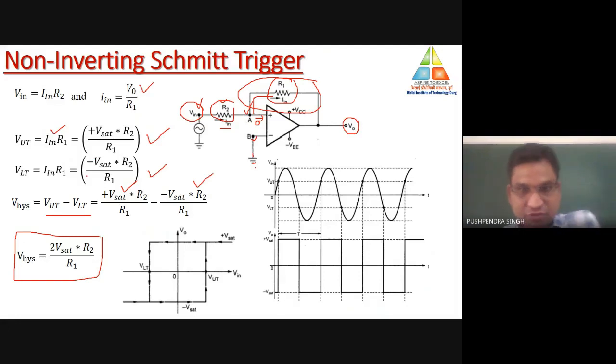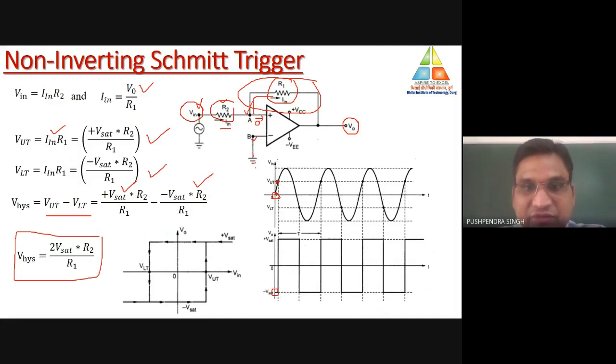So this is the waveform of the non-inverting Schmitt trigger circuit. Here you can see that when the level of the input voltage is 0, at the non-inverting terminal the value of the upper triggering point is VUT. The inverting terminal is connected to 0 voltage. So when the input is lesser than that, the output is at minus saturation voltage.